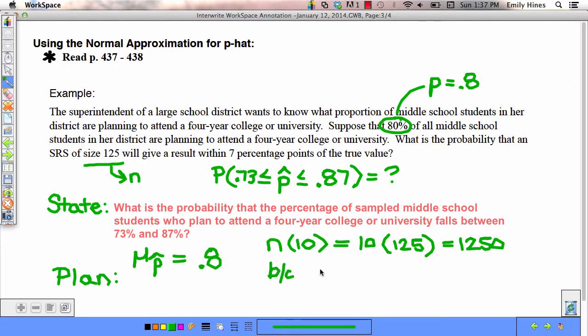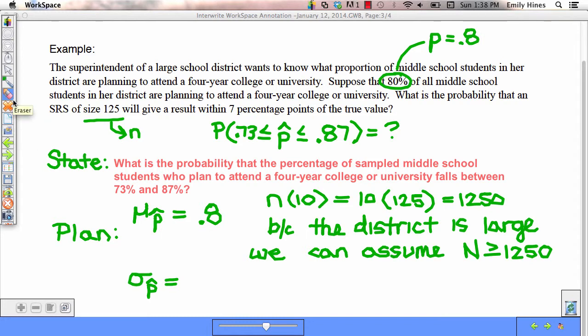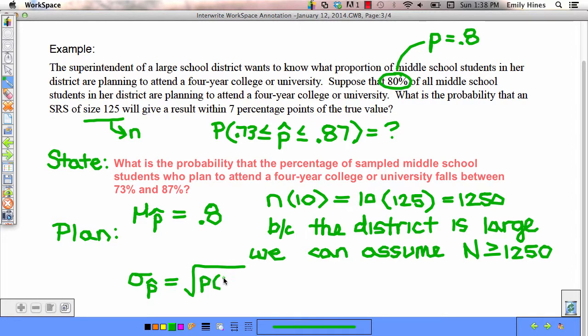Because the district is large, we can assume that our population, capital N, is greater than or equal to 1,250. The standard deviation would be the square root of P times 1 minus P divided by n.